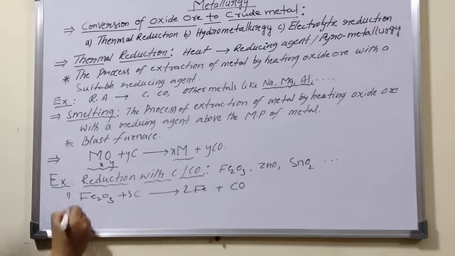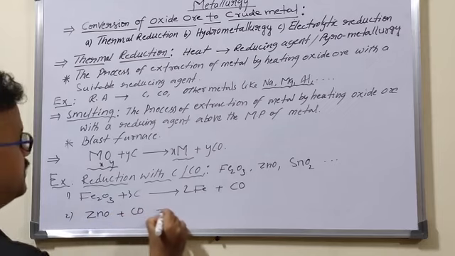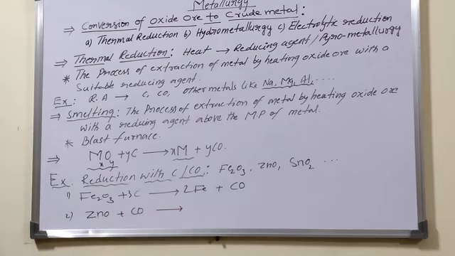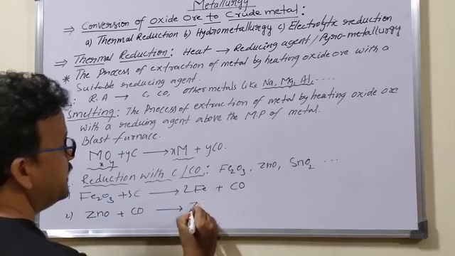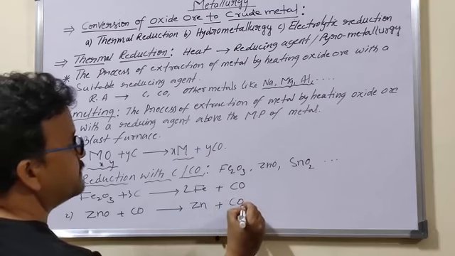Let's go for one more example. I am taking zinc oxide. If zinc oxide is reduced in the presence of carbon monoxide, zinc oxide, a metal oxide, is reduced to zinc. Carbon monoxide is a reducing agent and gets oxidized.